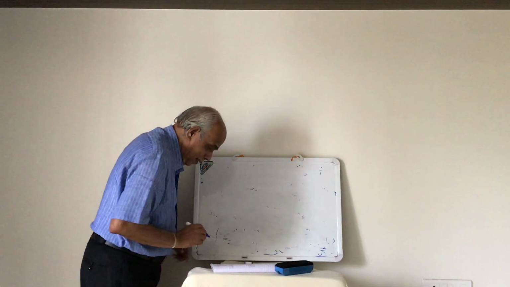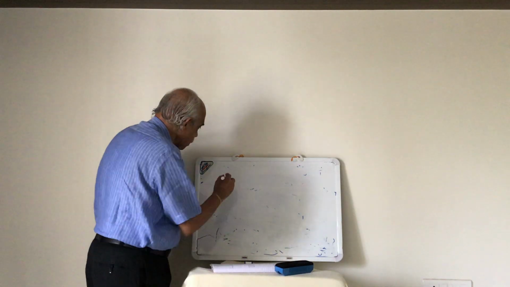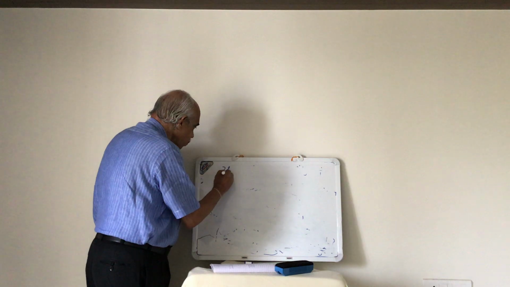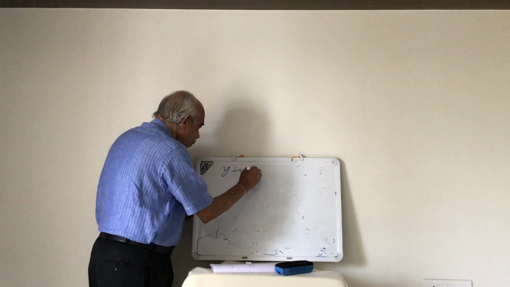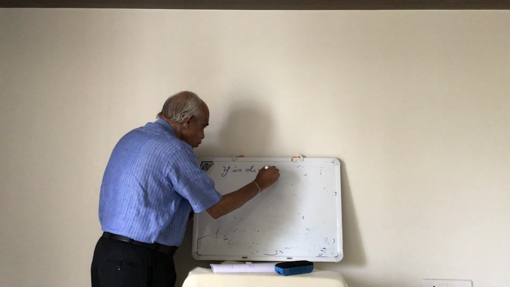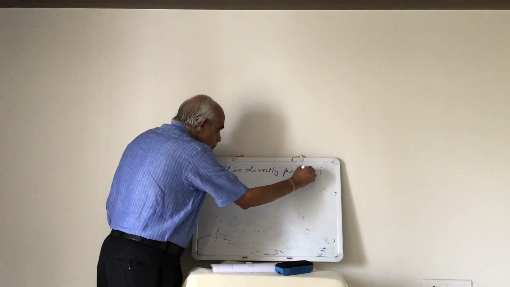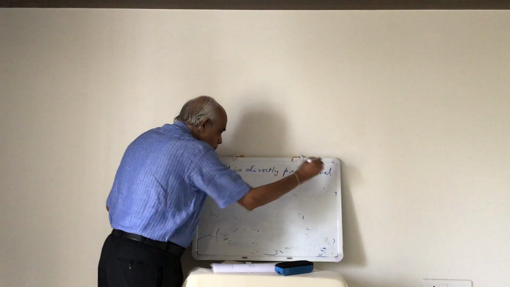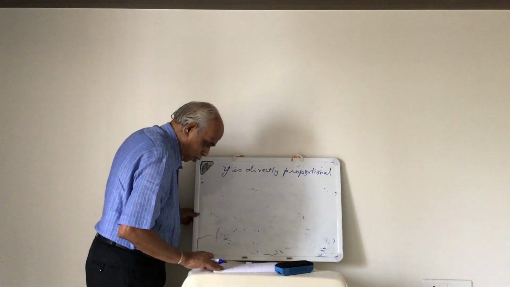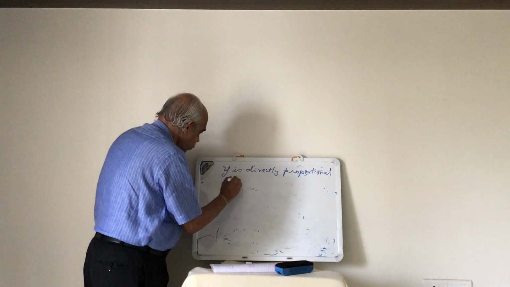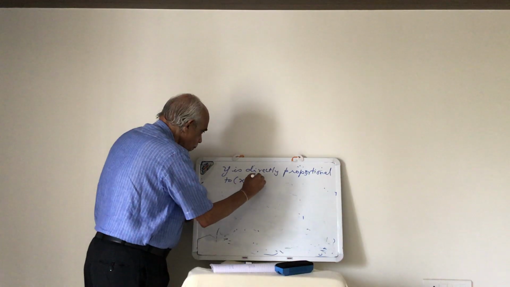Now what they are saying, y is directly proportional, let me write it down. y is directly proportional to x minus 1 whole square. Okay.